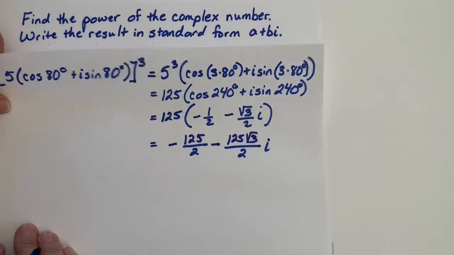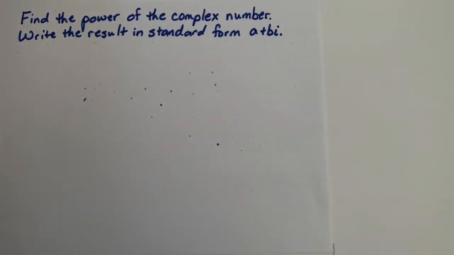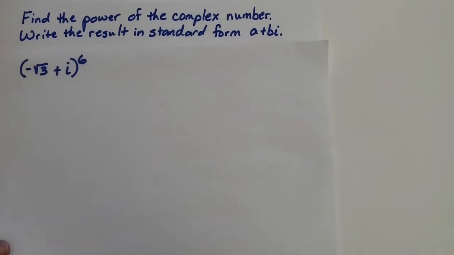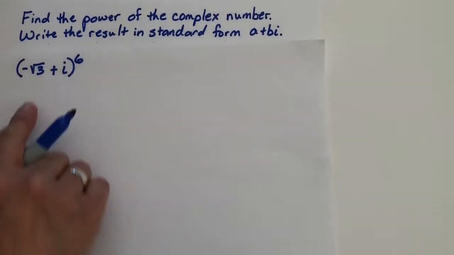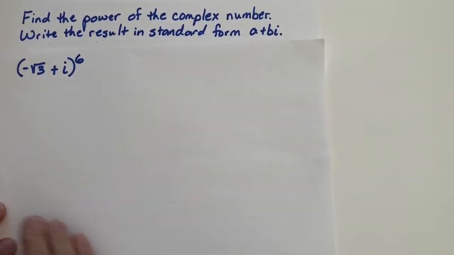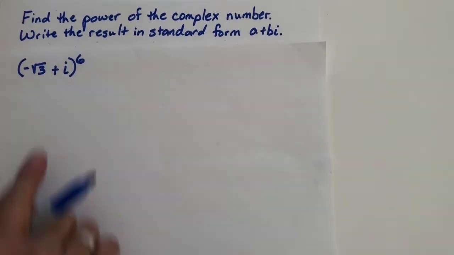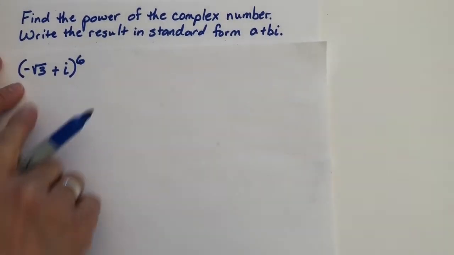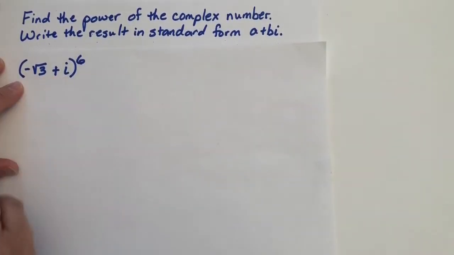Let's do another one. Here's the number. We're going to raise the complex number negative square root of 3 plus i to the 6th power. Now, to use DeMoivre's theorem so that we can do this efficiently, we need to write this number in trig form. So let's do that.